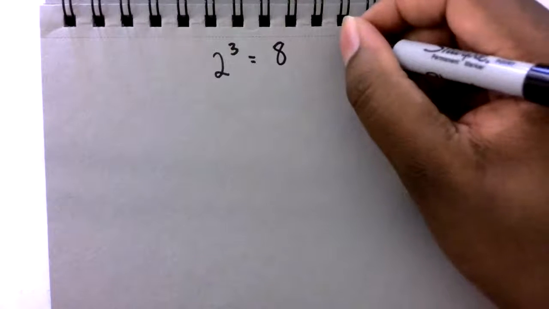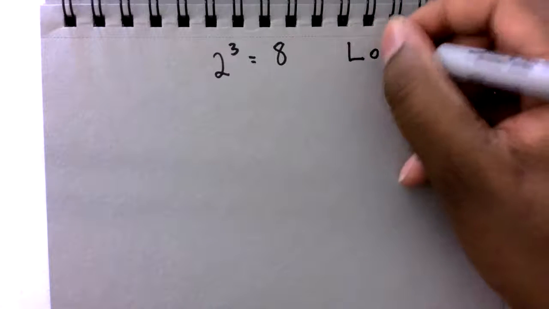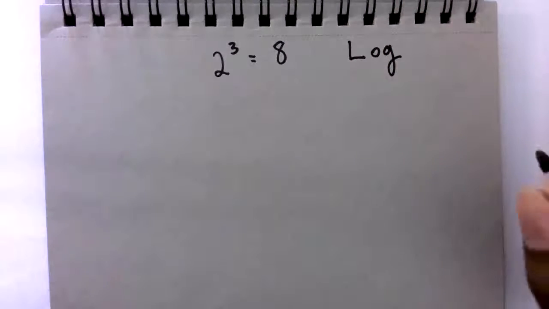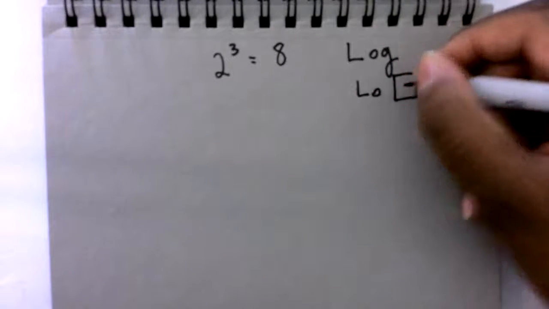Now, a way you can think about it, going back to 2 cubed equals 8, is you can think of logarithms by doing this little G shape.